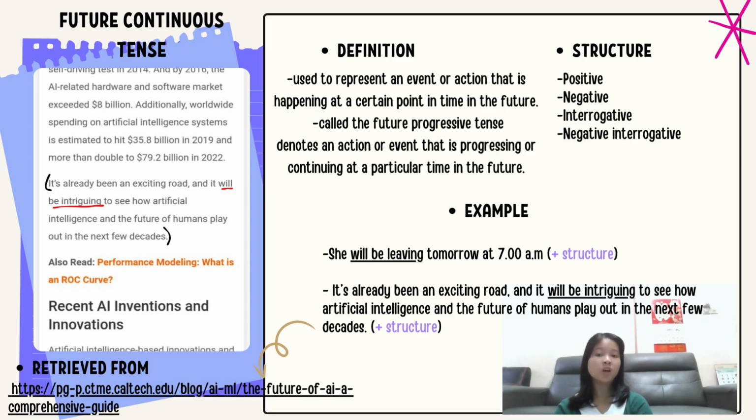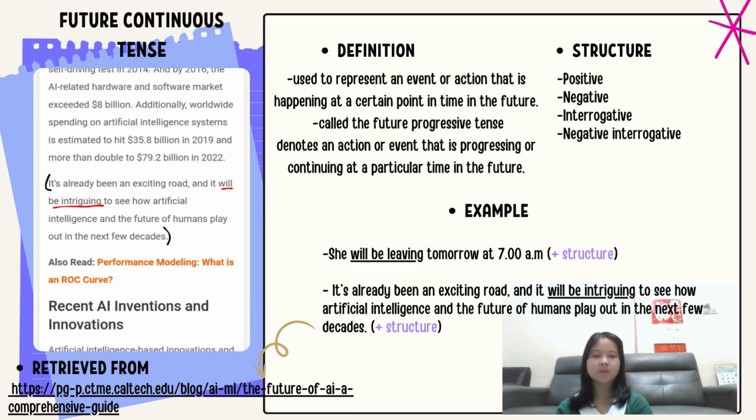The basic formula for the positive structure of future continuous tense is subject plus helping verb plus be plus verb in ing form. So in the sentence, she is the subject, will is the helping verb plus be, and then leaving is the verb in ing form.